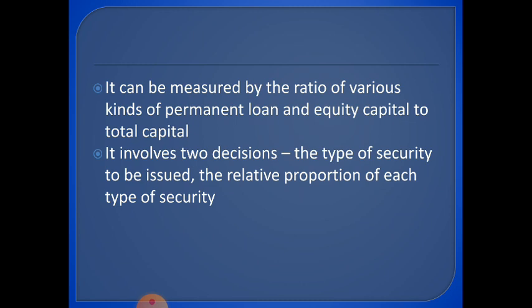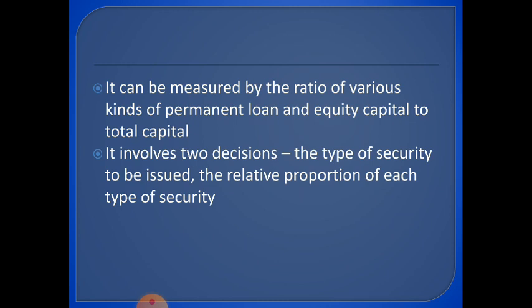On the basis of the decision criteria adopted by the management, there may be four fundamental patterns of capital structure. The first one is equity shares only. The second one is equity shares and debentures.